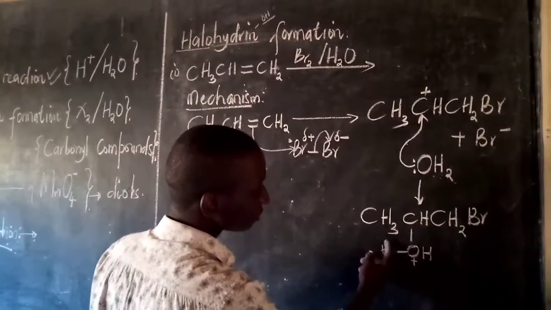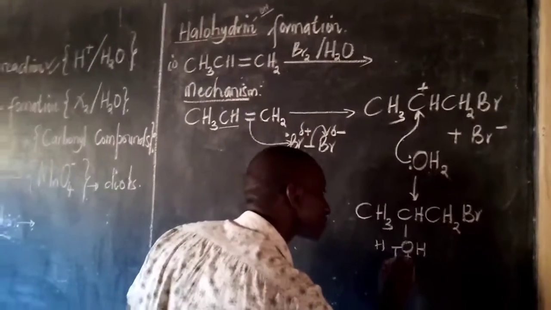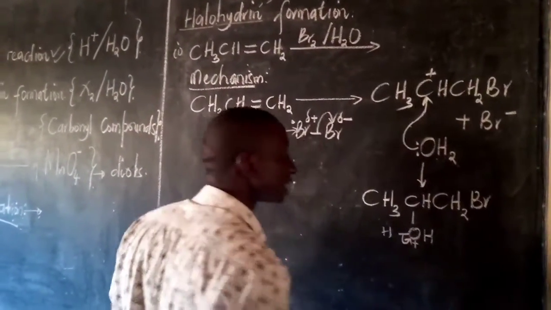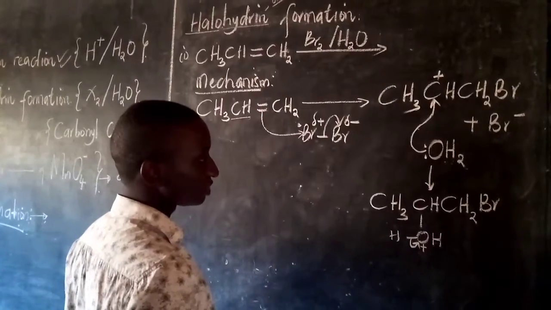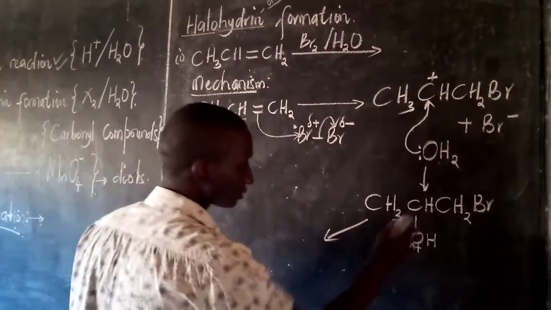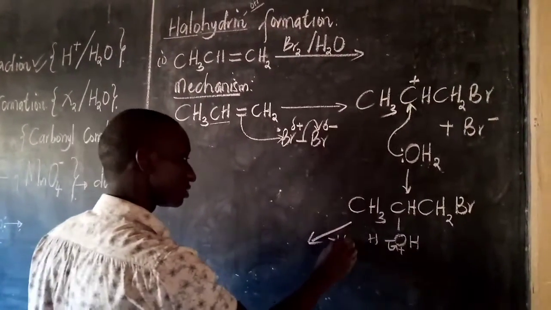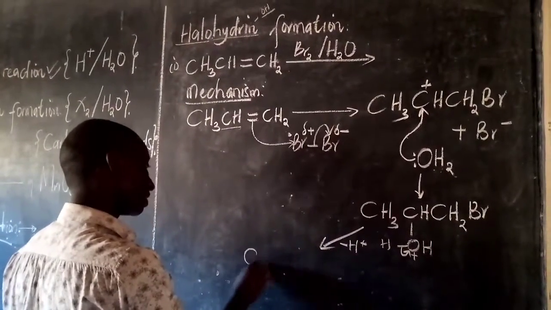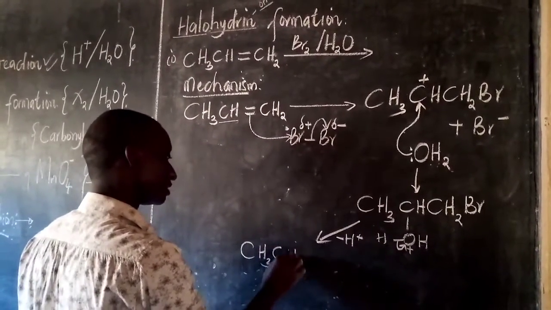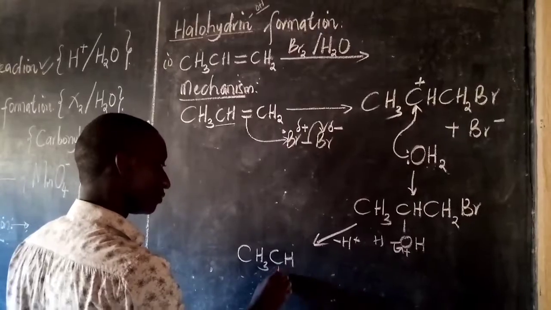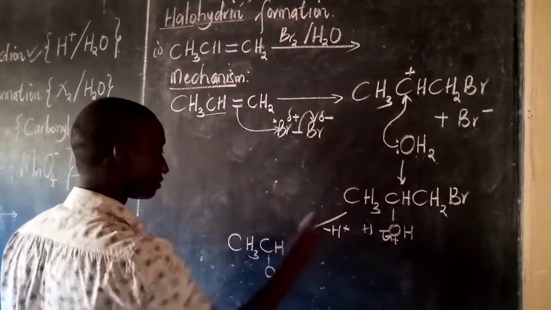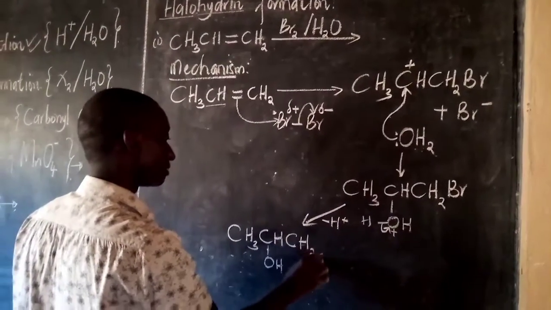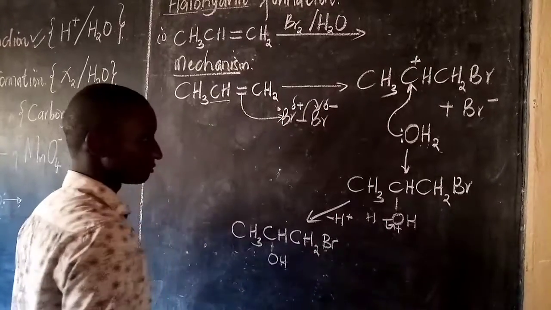But as it is being lost, these electrons in that bond are given back to the oxygen. So as we lose this, we shall come up with CH3, CH, with the OH down from what you're seeing there. Then you come up with the CH2, then bromine.